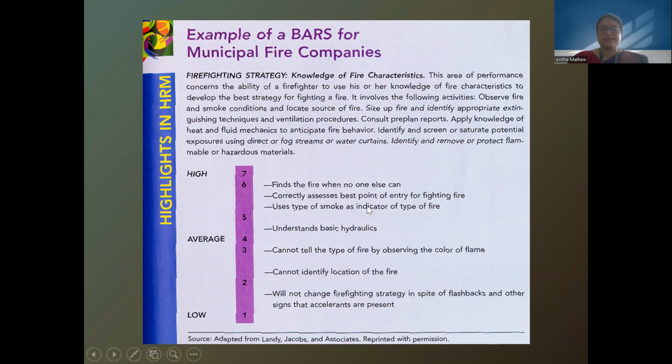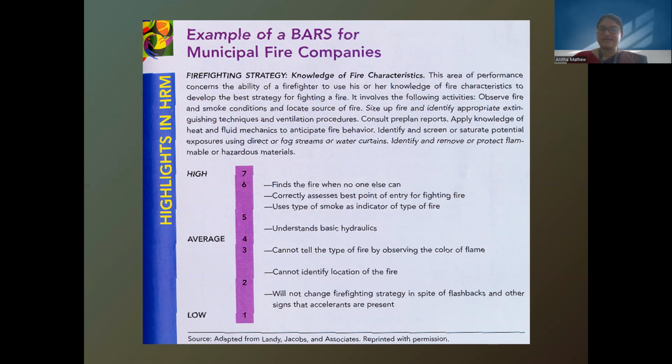Then correctly assesses best point of entry for fighting the fire. Wherever the fire has occurred, in whichever building, in whichever part, how they can enter to mitigate the fire as quickly and safely as possible is something that indicates high performance from the firefighter. Finds the fire when no one else can, right?